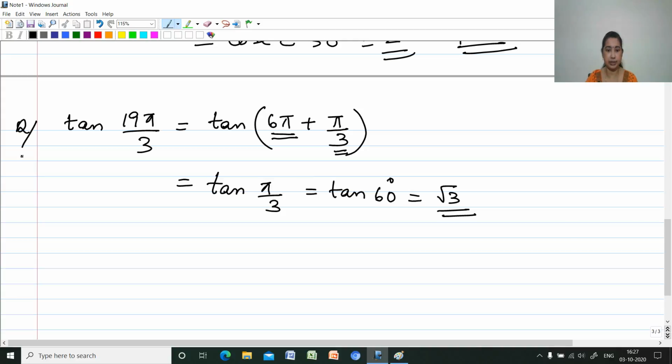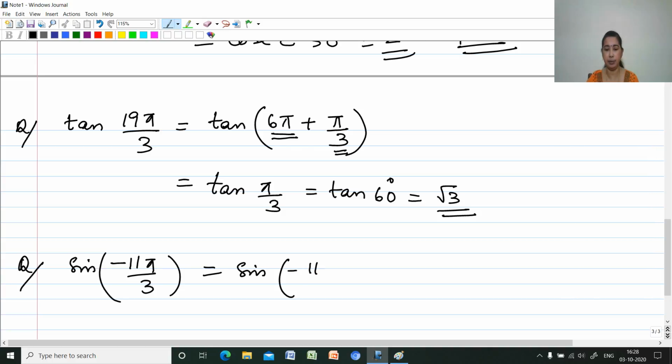Then next question. Sine of minus 11 pi by 3. I have told you, if it is a negative angle, we have to find the next positive angle to complete the revolution. So the next positive angle to complete the revolution will be plus 12 pi by 3.